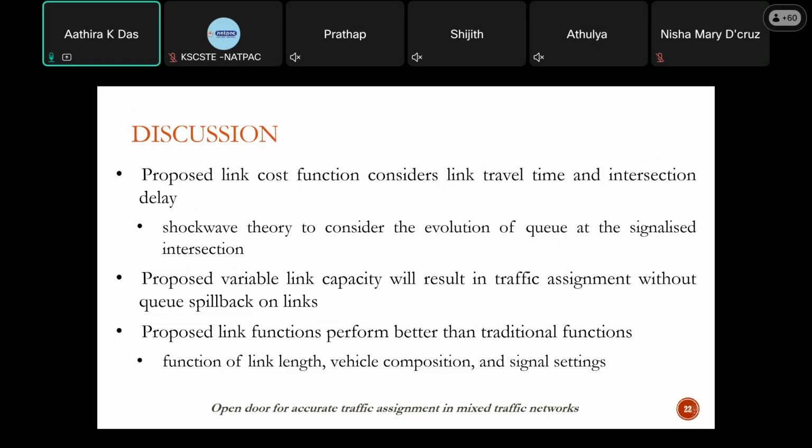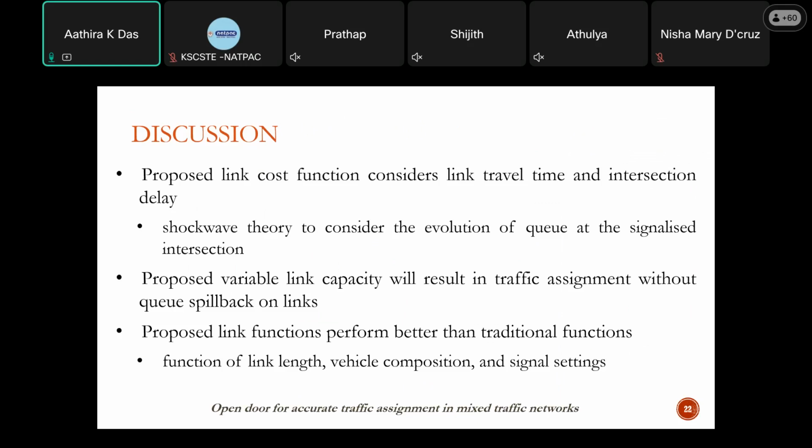Now these link cost and capacity functions can be used as input in traffic assignment modeling to determine the flow in a network. The link cost function will replace the conventional BPR function.